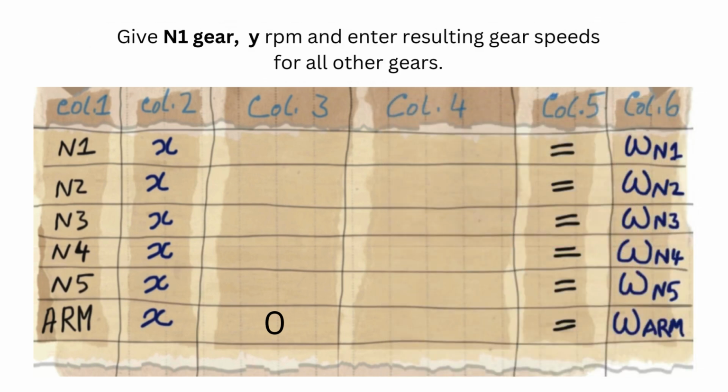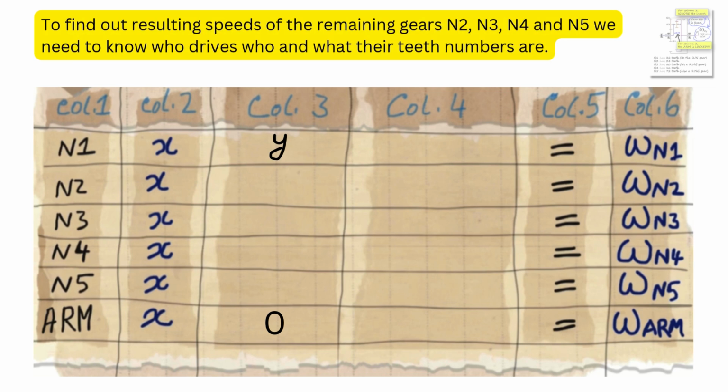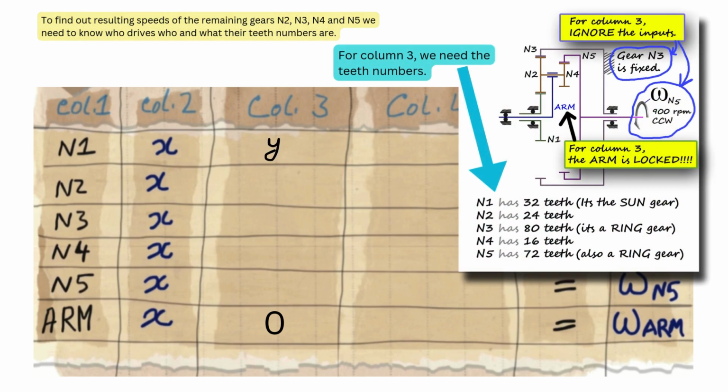To compute the gear ratios of this ordinary gear train, give N1 gear an unknown number of turns and compute the rotational speeds of the remaining gears one by one. To compute the rotational speeds of the remaining gears, you will need to know the tooth numbers of all the gears in the drivetrain.